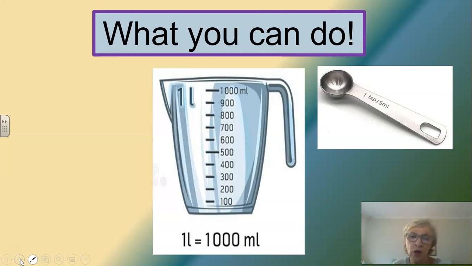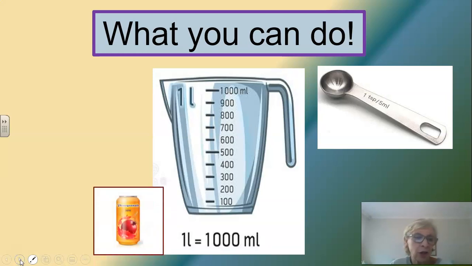So you can start looking for a teaspoon, which is 5 mils, a liter, which is 1,000 mils or milliliters. Note, I'm calling it mils, and that's what we generally do because we get lazy. So we don't want to say milliliters, so we just call it 5 mils, and that's fine.